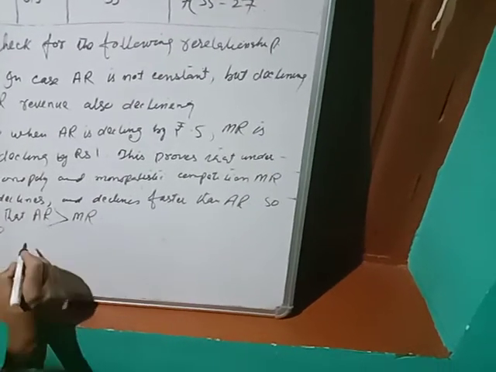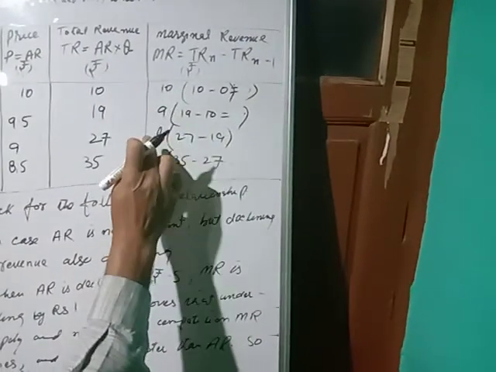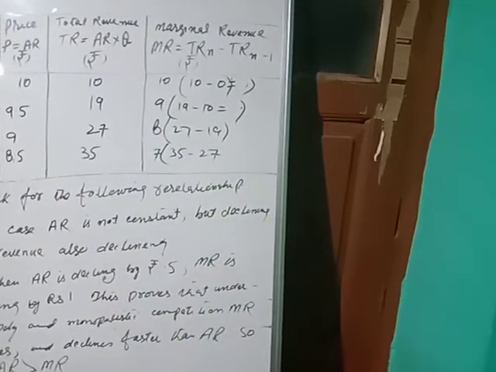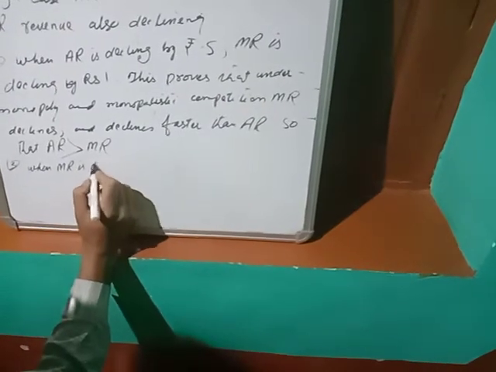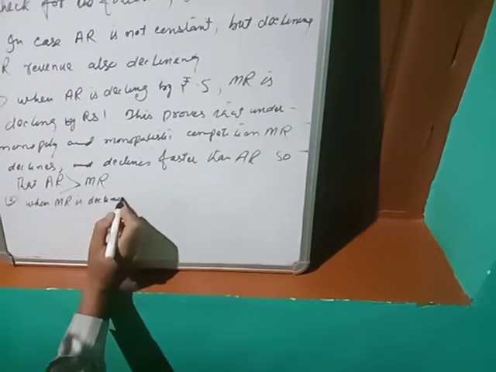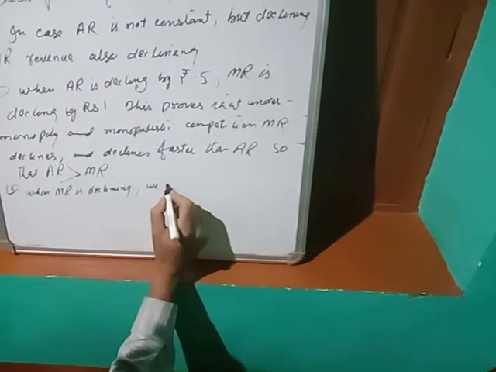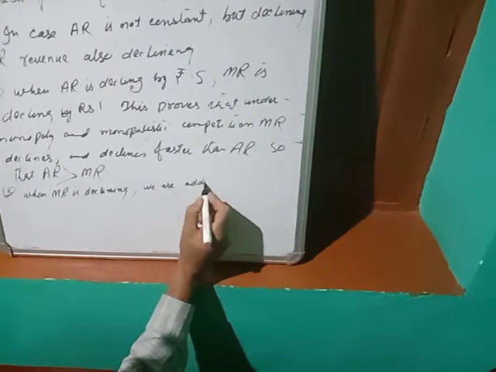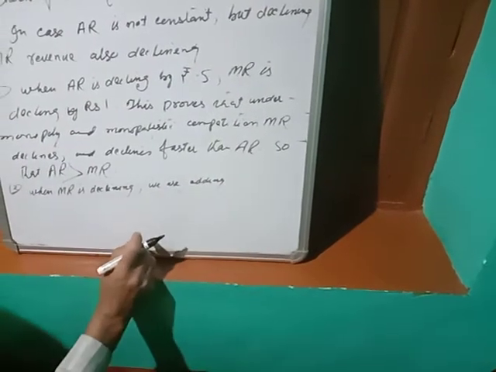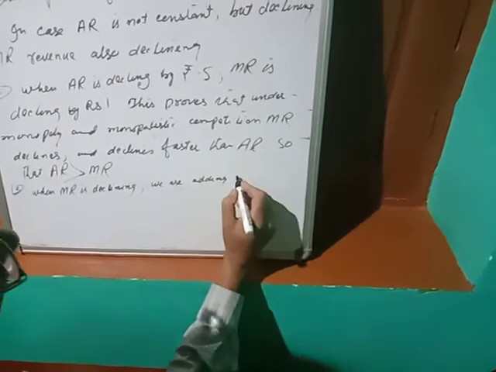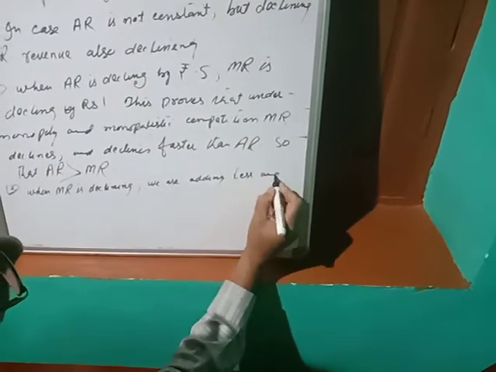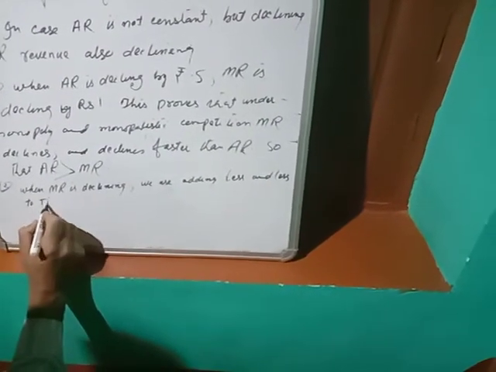When MR is declining, 10 to 9, 9 to 8, 8 to 7, we are adding less and less to TR totally.